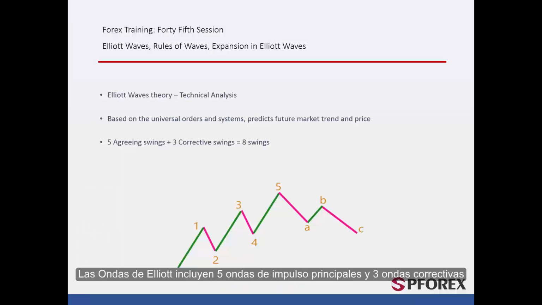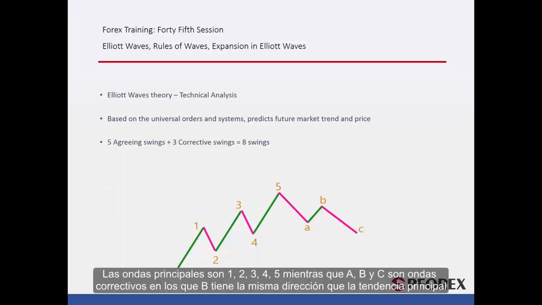Elliott waves include 5 major and 3 corrective swings. Numbers 3, 5 and 8 are available in the Fibonacci sequence. The major swings are 1, 2, 3, 4, 5, while A, B and C are corrective swings, in which B has agreeing direction with the major trend.